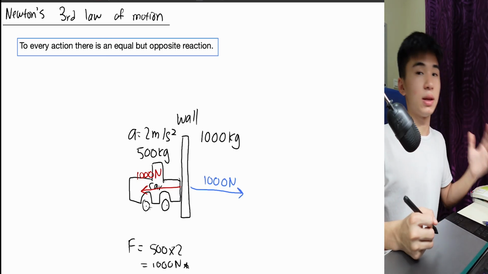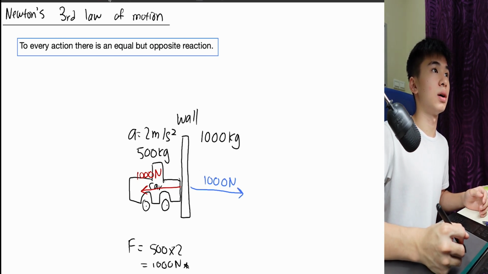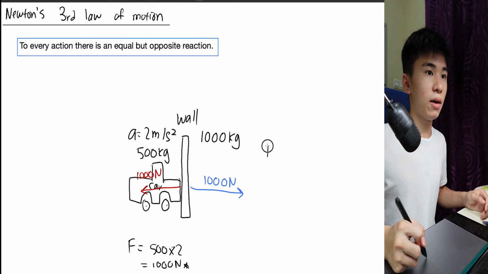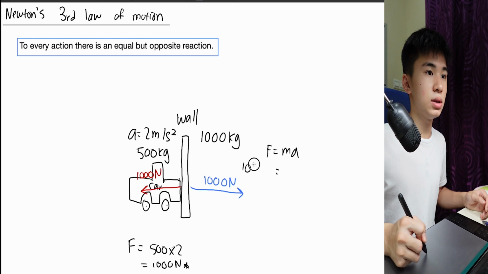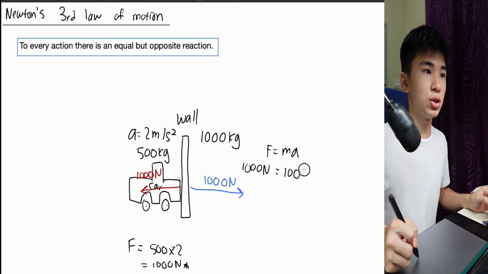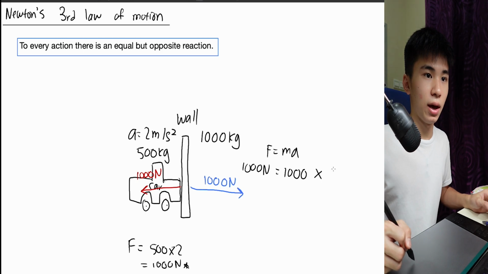But when this car hits, it will bounce back, right? Because the mass of this car is lower than this wall. So F equals ma, right? So 1000 newtons, and the mass is 1000 kg, times a.